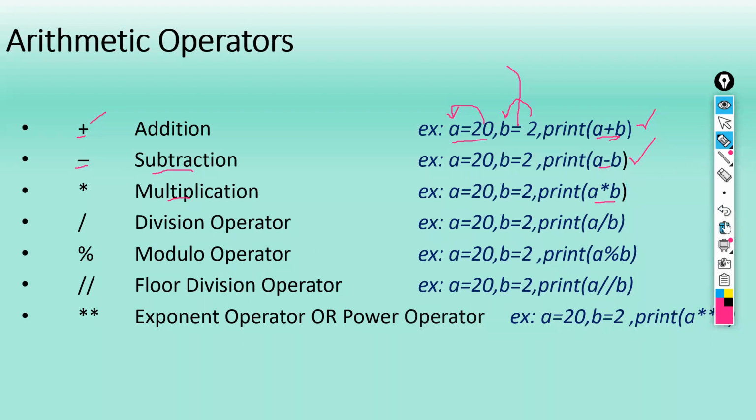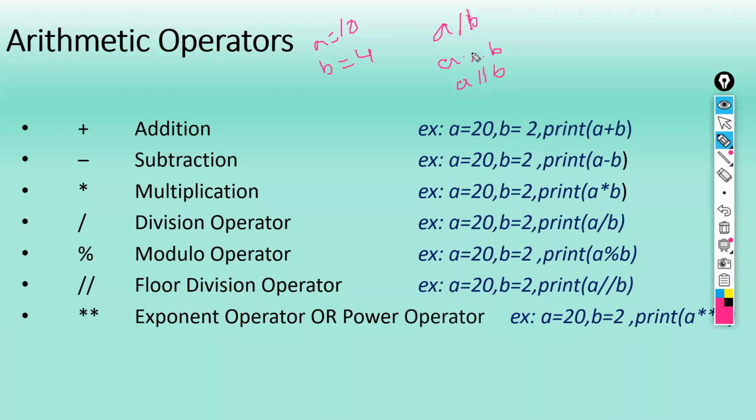Now I'll ask you one question. Anyone can unmute yourself and tell me the answer, or else you can use the chat window. The question is, A equal to 10, B equal to, let's say, 4. A by B, A modulo operator B, A floor division B. I'll give you 1 minute.